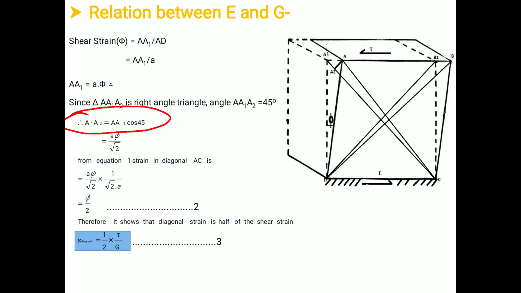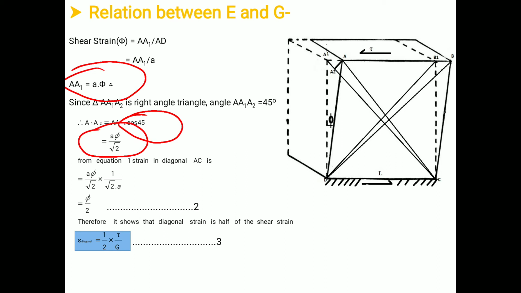If I put the value of A1A and the value of cos 45, we have A1A2 equal to a phi upon under root of 2, because A1A is equal to a phi and cos 45 is 1 upon under root of 2.